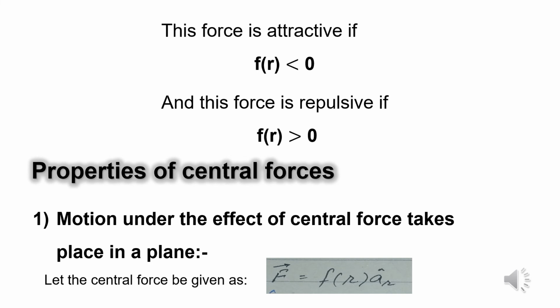Now starting with the properties of central force. First of all, we have to discuss that the motion under the effect of central force takes place in a plane. As we know, the central force is given as F vector is equal to F of r ar unit vector.